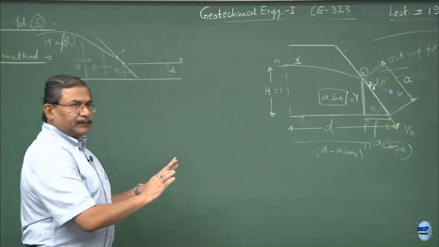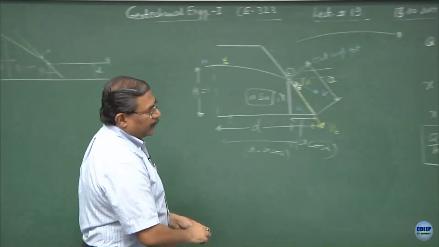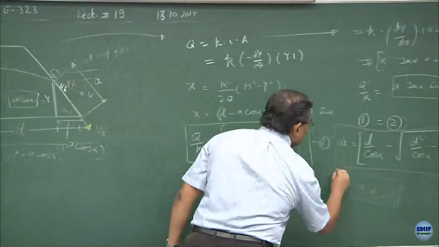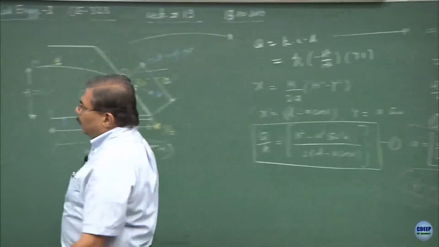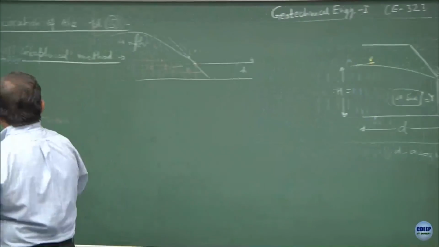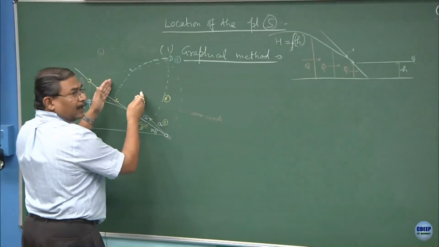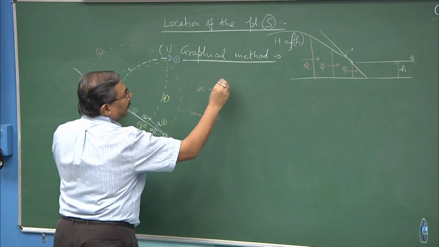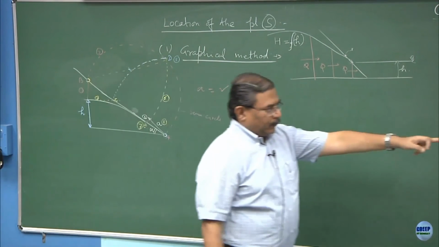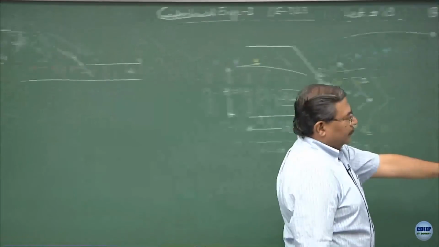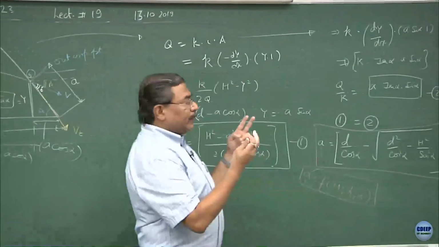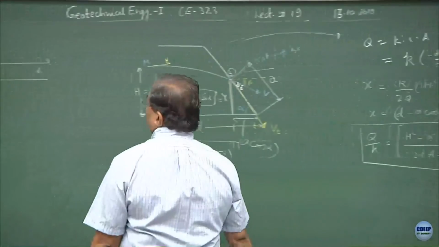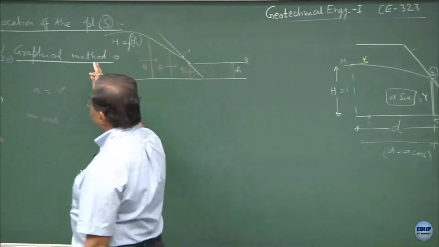Is this okay now? So, what we have shown is the A point, and now please sit down and try to solve this and prove that the A what you get from here is the same as the A what you are getting from here. So, these are the two ways to solve the location of the outcrop point.